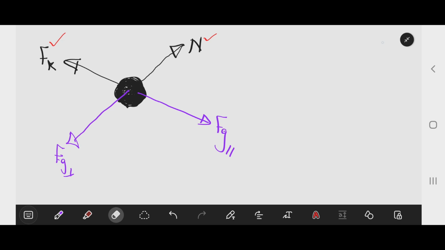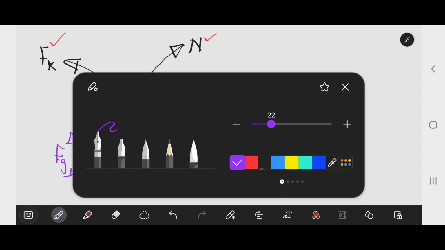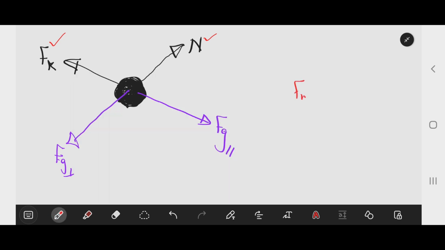So now let's move to the next step, which is F net in the y direction, so that we can calculate the normal force. F net in the y direction, that would be F net equals ma, okay? And how many forces do we have acting in the y direction? We have two forces: the normal force and Fg perpendicular.